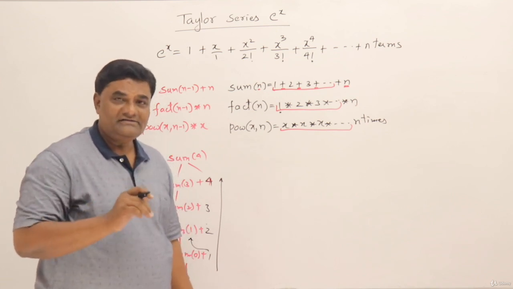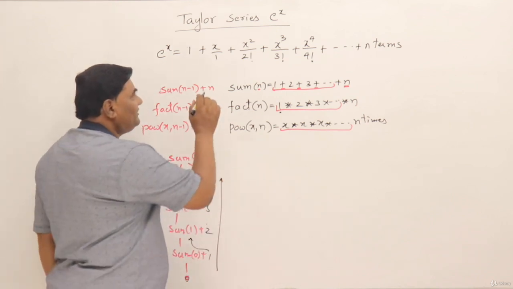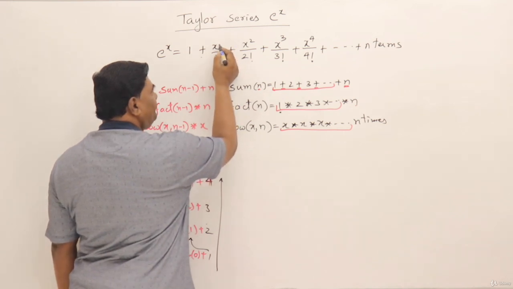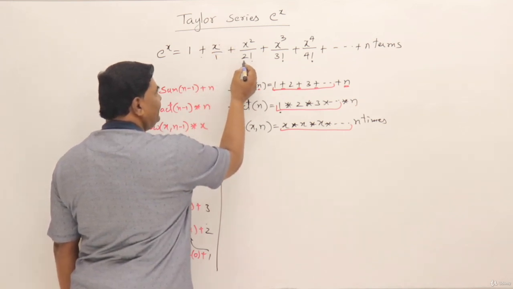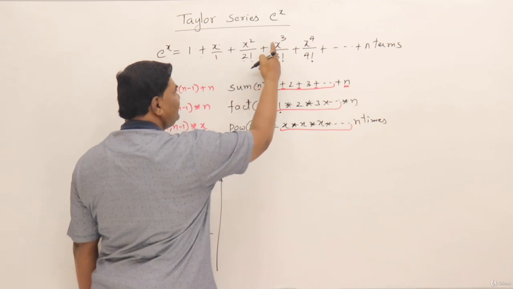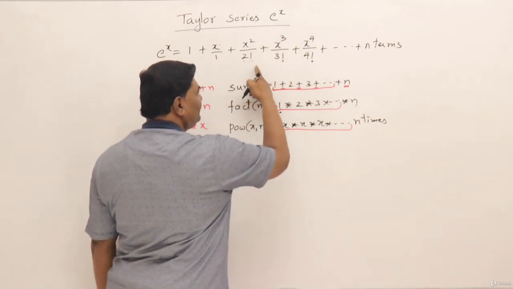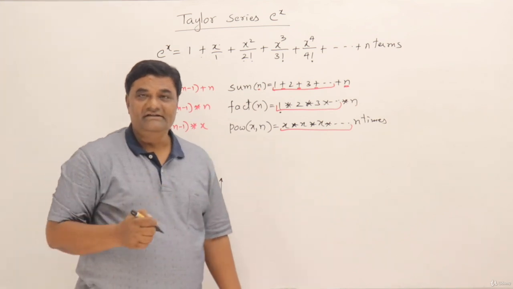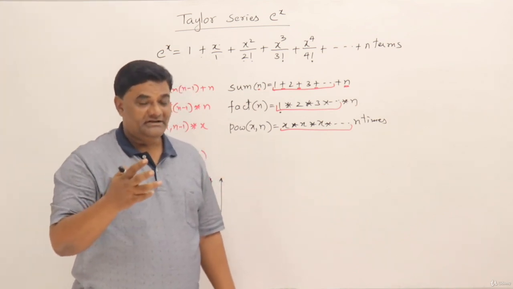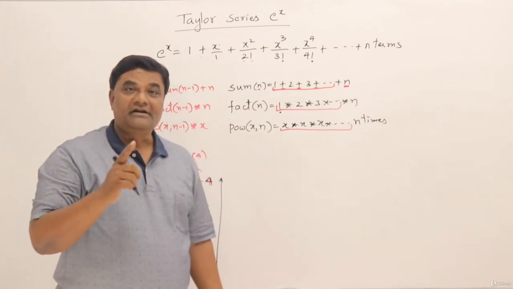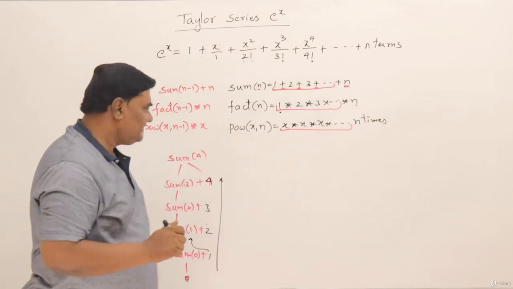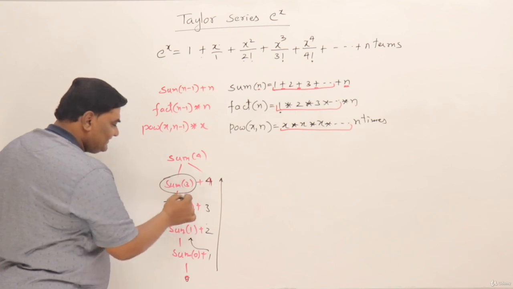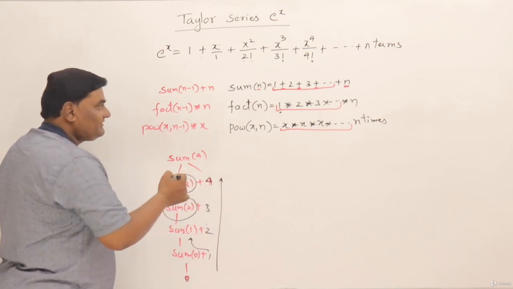Now for Taylor series, we want 3 things: summation and power, as well as factorial. This x is raised to some powers and we also need the factorial. A function for Taylor series must perform 3 operations, but a function can return only one result. Like this is the sum of 3 numbers plus 4, and this is the sum of 2 numbers plus 3.